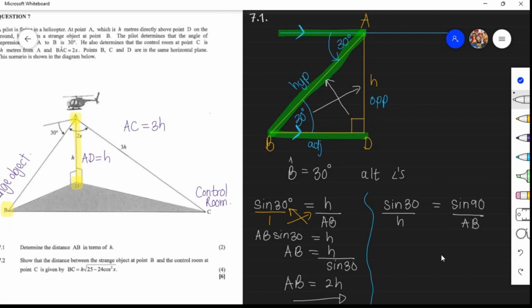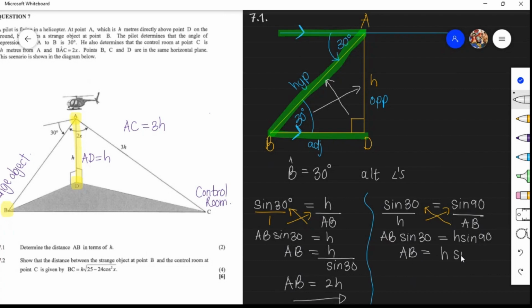From there, I can cross multiply. So I'll multiply h with sine 90 and AB with sine 30. That is going to give me AB sine 30 equals h sine of 90. Now from here, I can divide both sides by sine 30 in order to isolate AB.